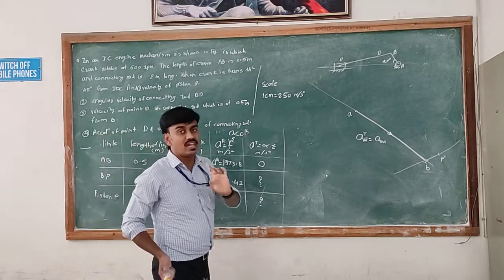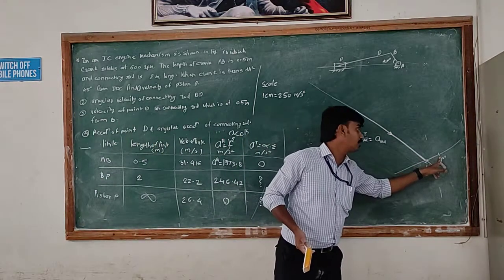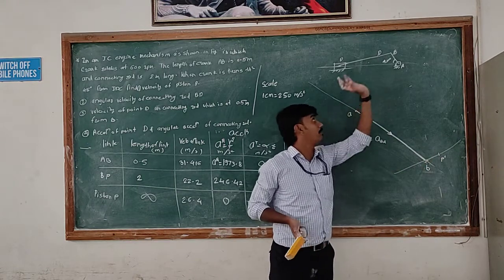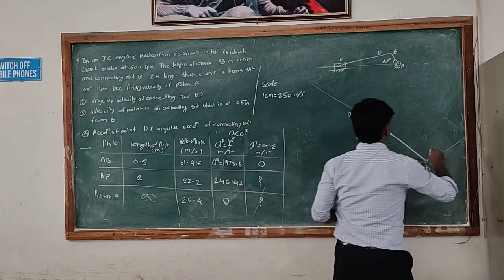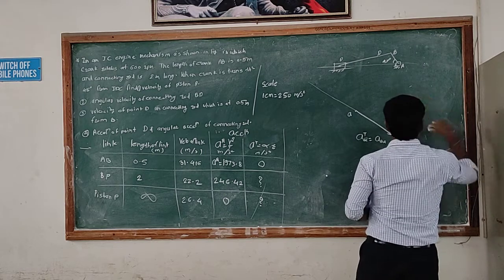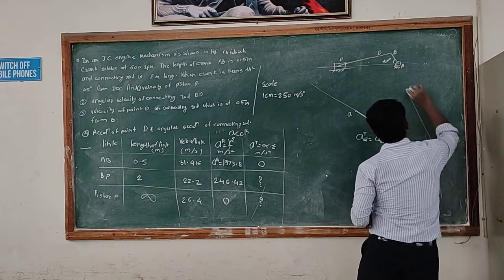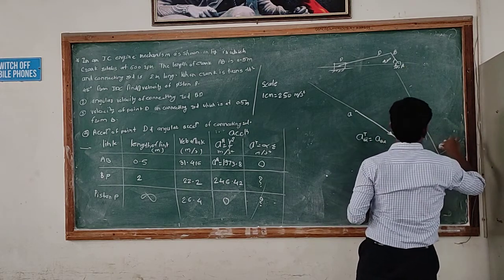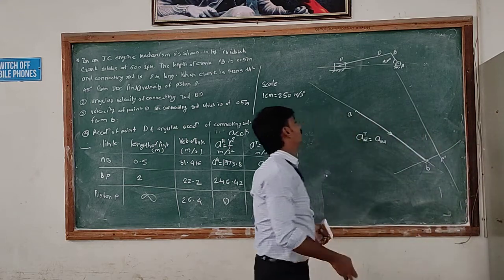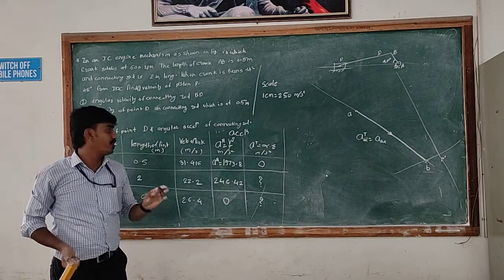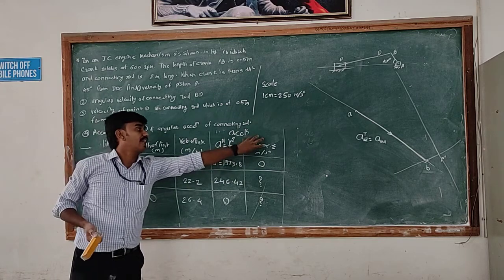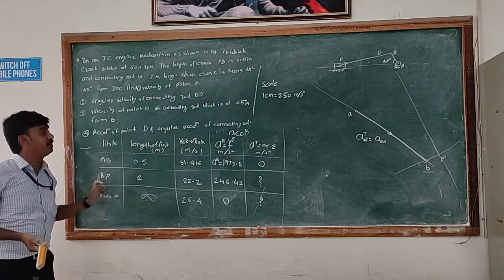So draw one line passing through P dash and perpendicular to BP. This is the line on which the tangential acceleration of the link BP will lie.